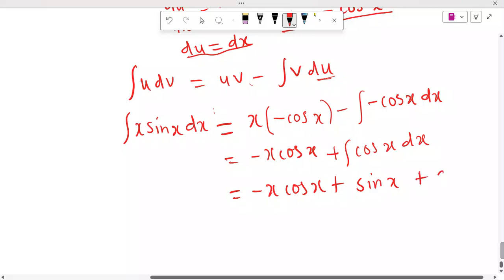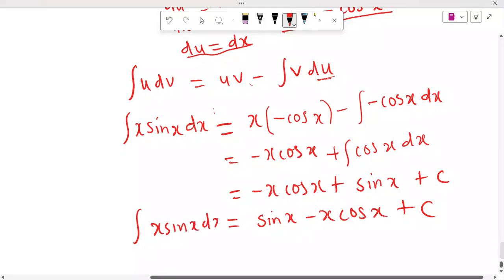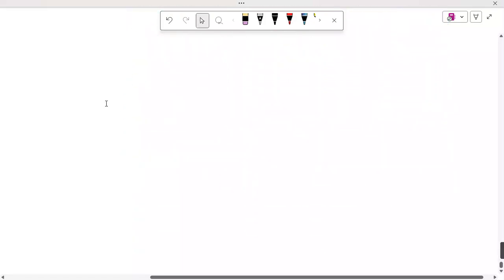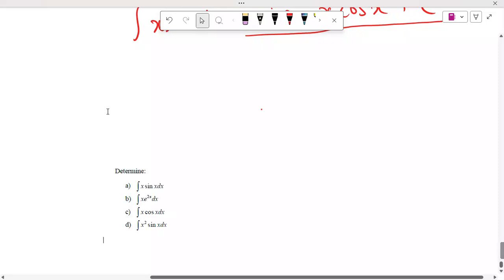So also add the plus c. So this is your answer. I love starting with the positive, so I can just write sine x minus x cos x plus c. Okay, so the integral of x sine x dx is this. Very simple and straightforward. In case you didn't follow, let's do another example, so kindly follow through.